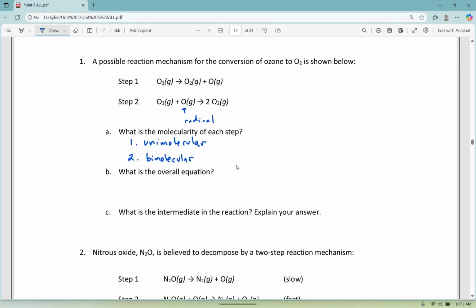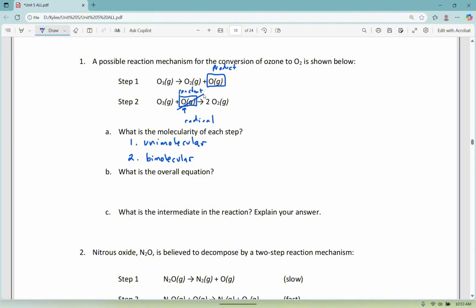The overall reaction, they want us to cancel out anything that would be an intermediate. So again, an intermediate would get produced in one step, but then used up in a later step. It looks like the oxygen radical gets produced in step 1, it's a product, and then in step 2, it's a reactant.